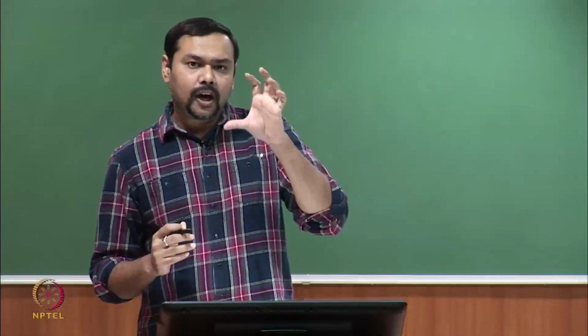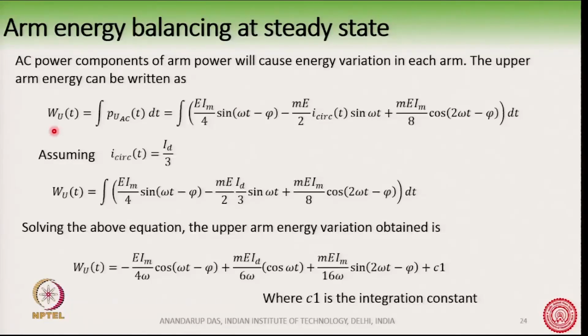Note that two arms are making one phase. So, in each phase there is an upper arm and lower arm energy exchange, and there is also an energy exchange among the three phases of the converter. Now, let us see the energy variation of the upper arm.